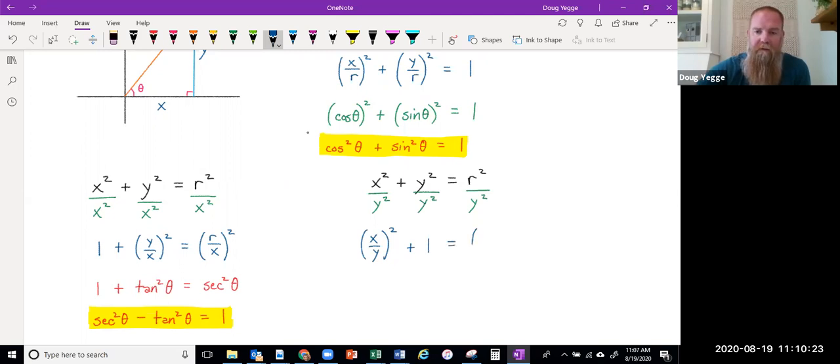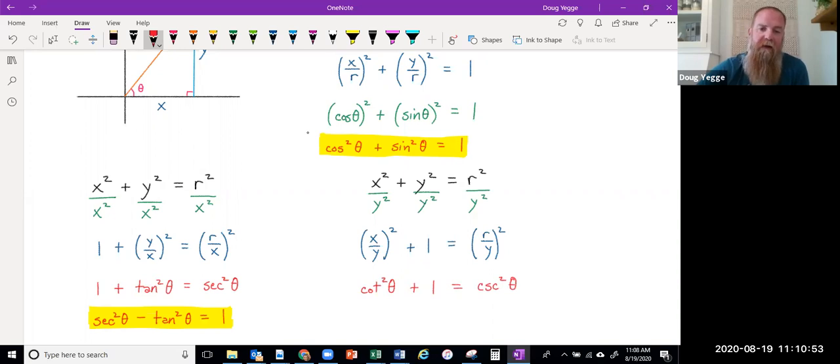And now over here we have (r over y) quantity squared, which again are a few of our ratios from our triangle. We should see that x over y is cotangent theta. So we say cotangent squared theta plus 1 equals cosecant squared theta.